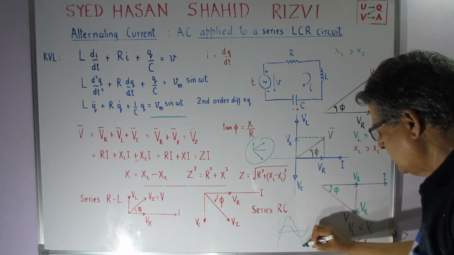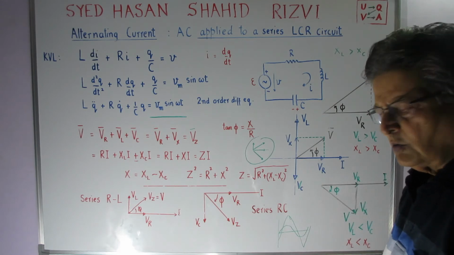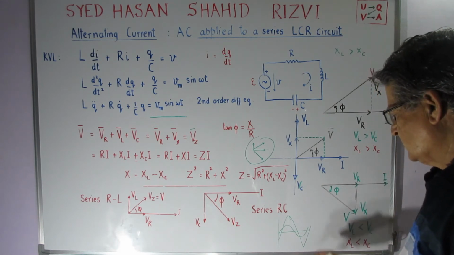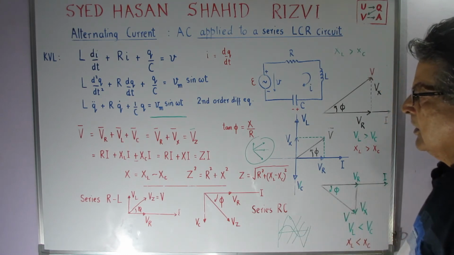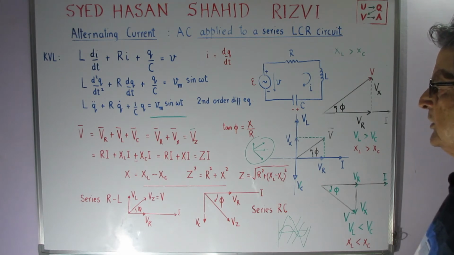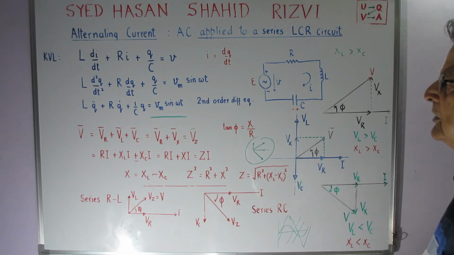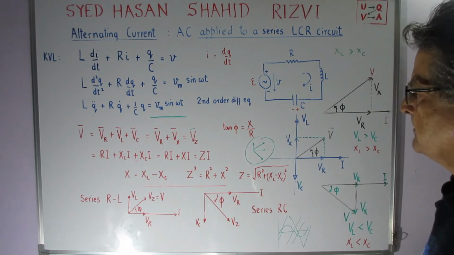Like this, and you can check who leads, who lags, that kind of a thing. So that way we finish off with the phasor representation of the series RLC circuits.